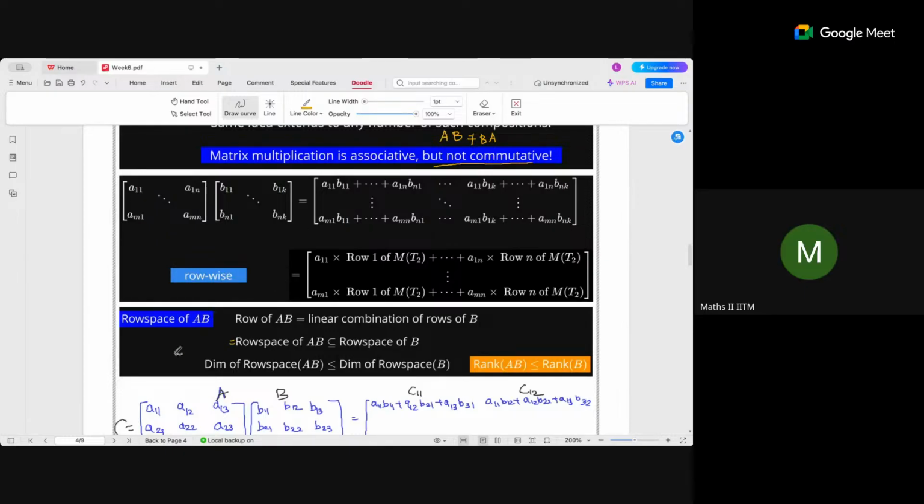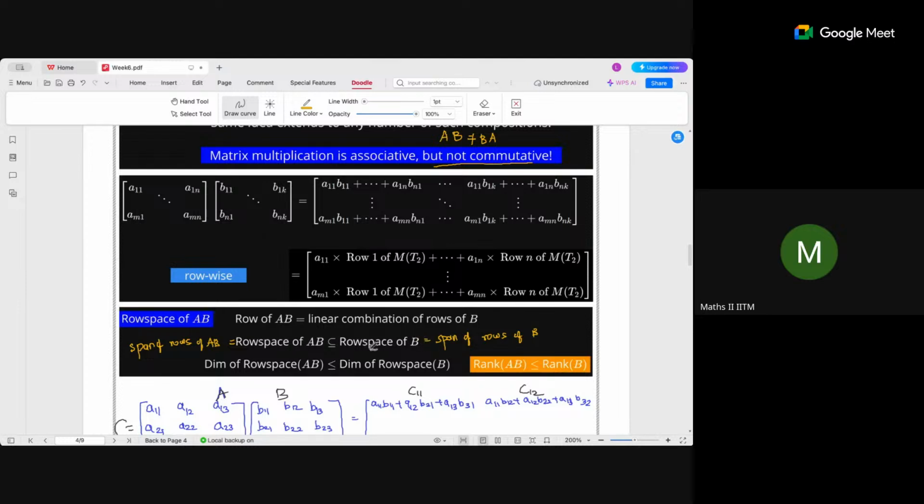This is nothing but the span of rows of AB, and this is nothing but the span of rows of B, right? So row space of AB is a subset of row space of B.